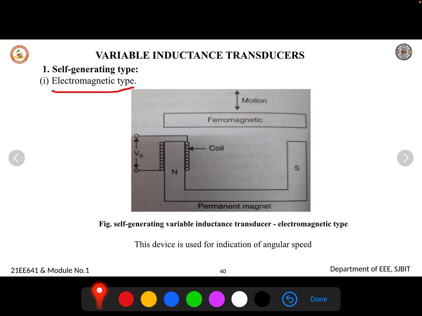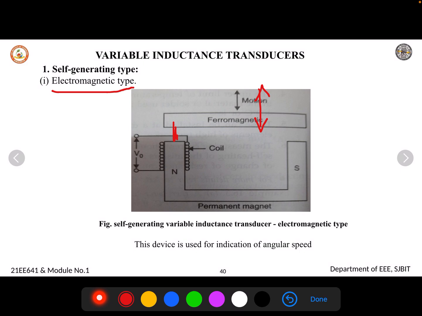Whenever mechanical force or any displacement is applied, this ferromagnet will be moving. Based on the direction, it can move downward or upward based on the mechanical input. Because of that, the flux linking within the coil is going to change. The EMF induced within the coil is going to change because of the change in my inductance.